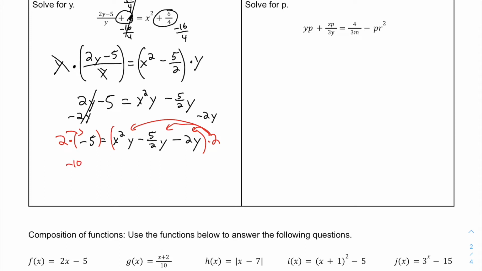So I get negative 10 is equal to 2x squared y minus 5 halves times 2. 5 over 2 times 2 gives us just 5y. And then minus 4y. And then I notice if I have minus 5y and minus 4y, these can combine to be negative 9y, or minus 9y.